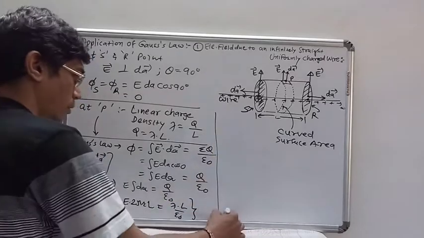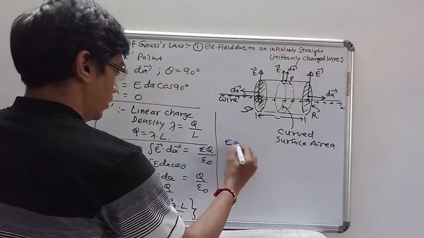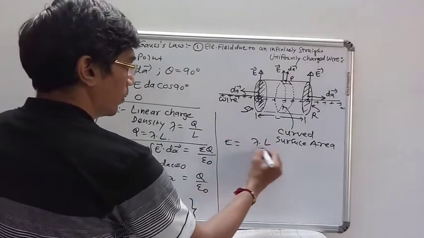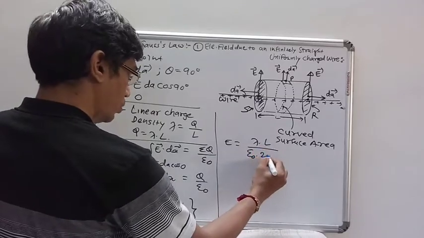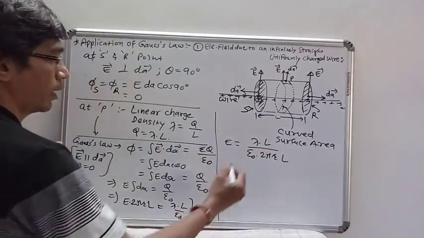From this we can say that E is equal to lambda L upon epsilon 0 into 2 pi r L.